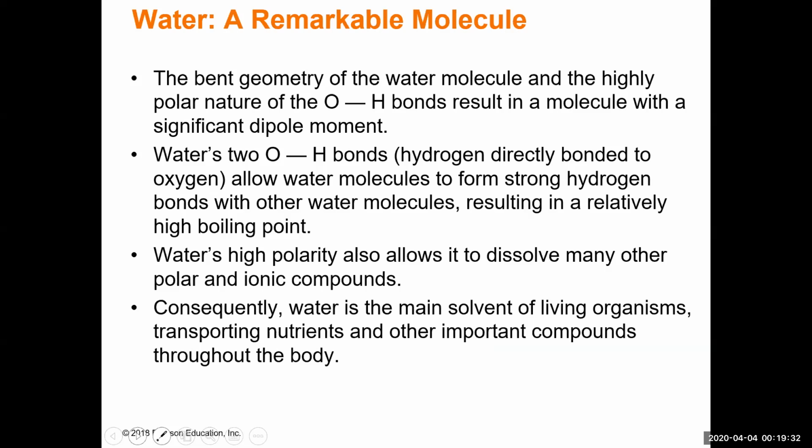Because of the bent geometry of this water molecule, and because the OH bonds are so highly polar, this results in a molecule with a significant dipole moment. Because this water molecule has two OH bonds, this allows a water molecule to form strong hydrogen bonds with other water molecules. And this results in a relatively high boiling point.